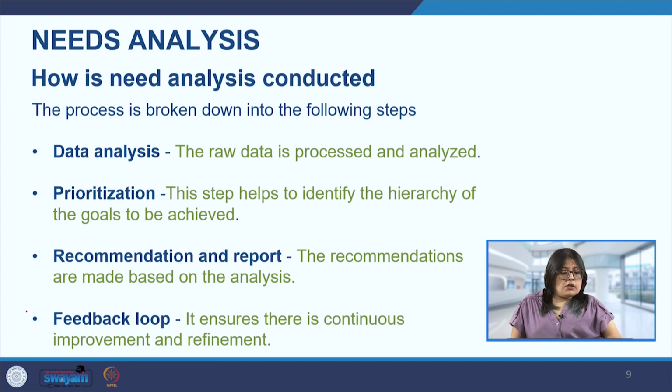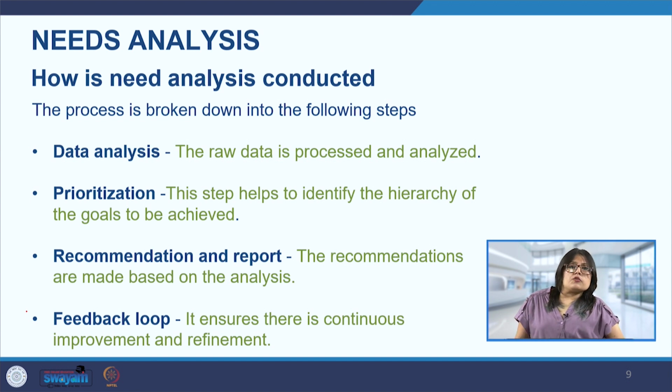Next is recommendation and report. So now some recommendations will be made based on the analysis that we have done. And feedback loop. So of course feedback is important, because the final solution has gone through a certain number of steps and process, but we have seen how we are always trying to find if there are further gaps in the solution that we have presented, because the loop needs to continue.